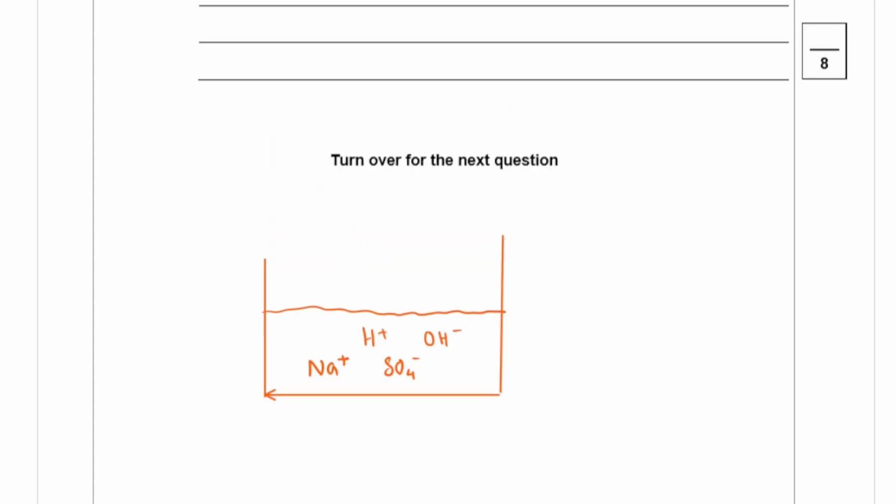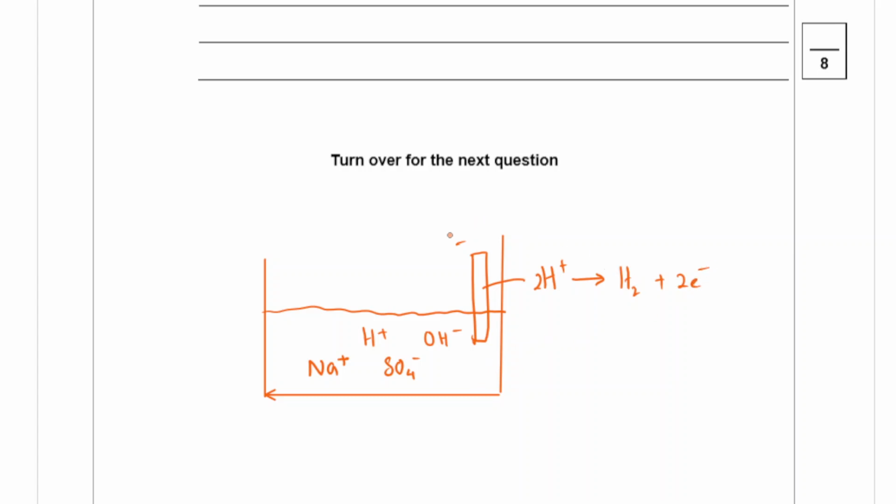Since sodium is very reactive, the hydrogen actually gets reduced to form hydrogen gas at the negative electrode. So the H plus ions go to the negative electrode. If I draw a negative electrode, the hydrogen ions will be attracted to it, and 2 of the hydrogen ions will combine together to form H2, gaining 2 electrons.